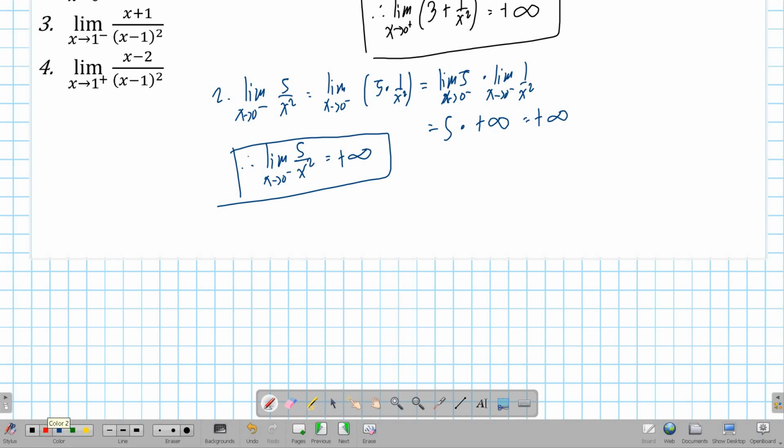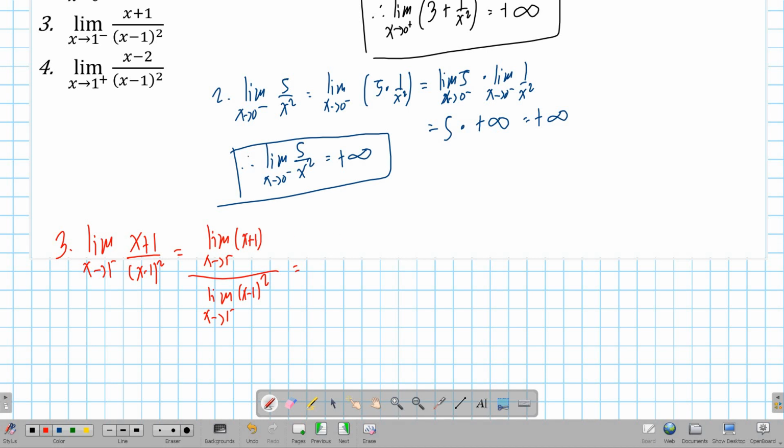So for example, in number 3, we are looking for the limit of x plus 1 over x minus 1 squared as x approaches 1 from the left. Since this is a rational expression already, we have to check the numerator and the denominator. That's why this, by limit theorems, is going to be equal to the limit of x plus 1 as x approaches 1 from the left over the limit of x minus 1 squared as x approaches 1 from the left.